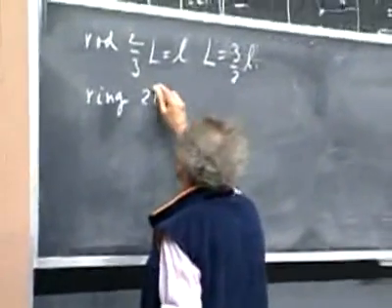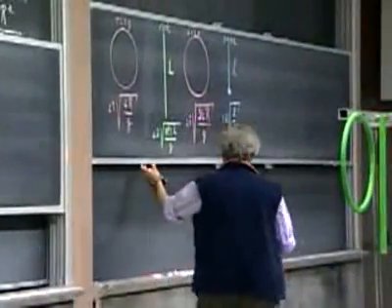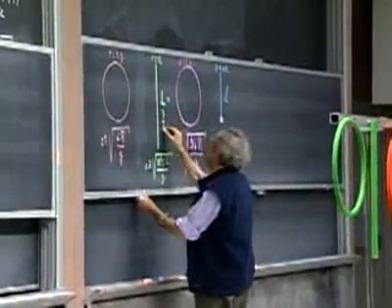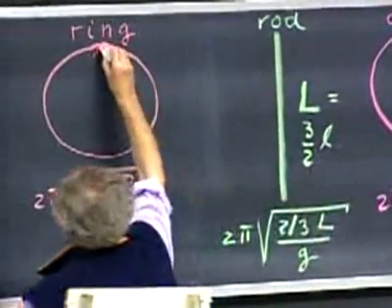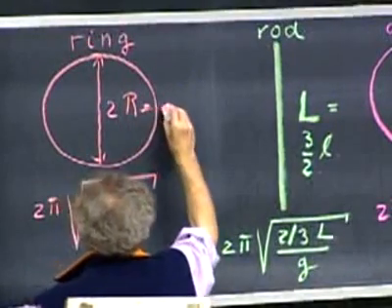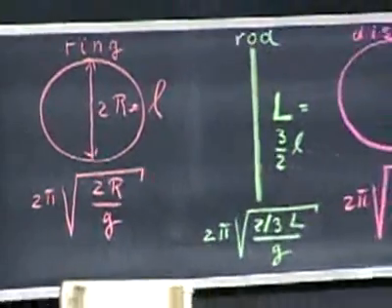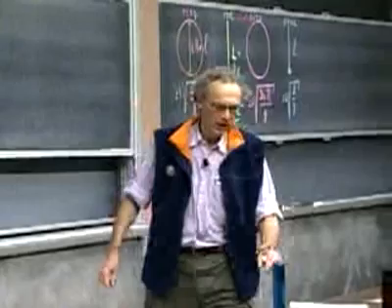So 2r equals L. So we can put in here, for L, this has to be 1.5 times L. And here, this now, which is 2r, has to be L. Very non-intuitive that this length here is the same as the diameter of the ring. Not at all obvious. And so now we go for the disk.